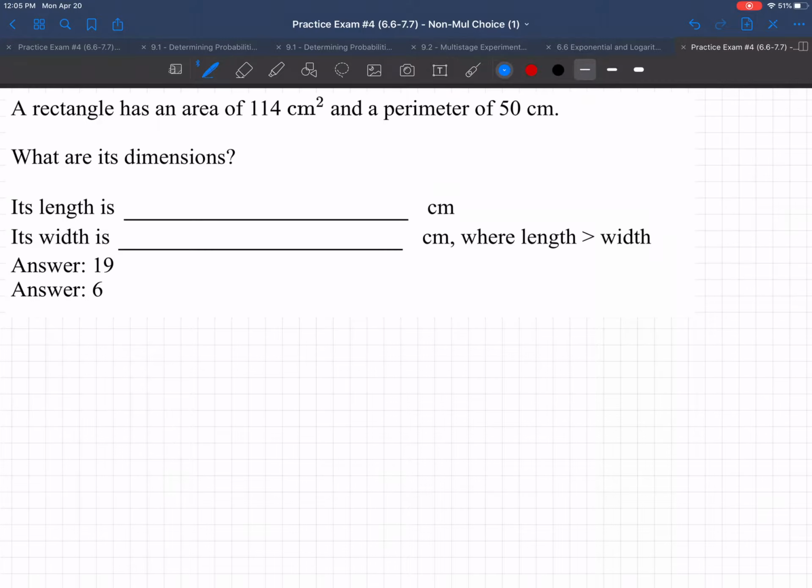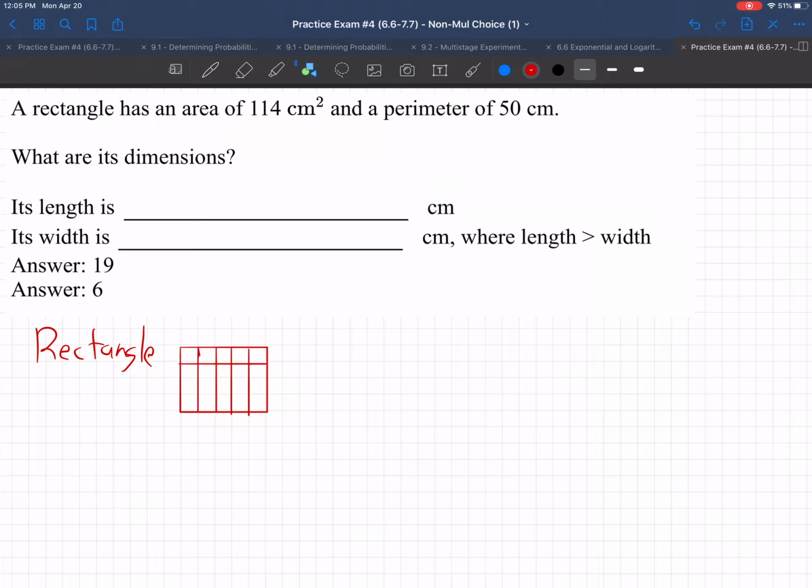Okay. So for this one, we have to remember, a rectangle. Let me just draw a simple one. So there's a rectangle.